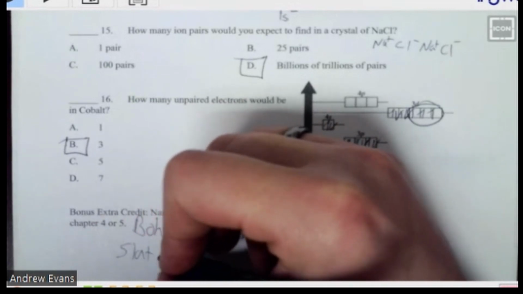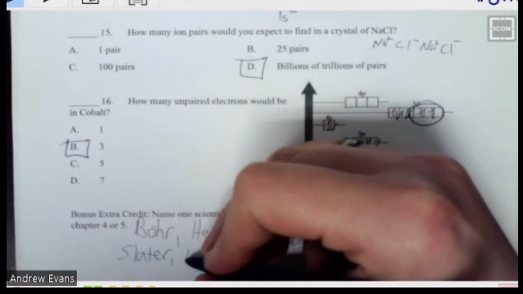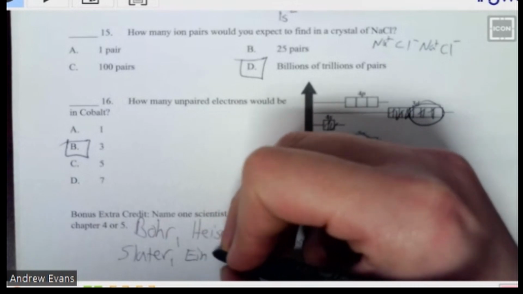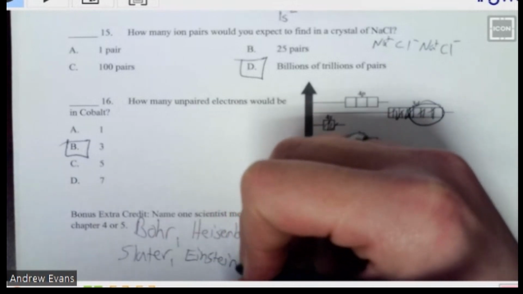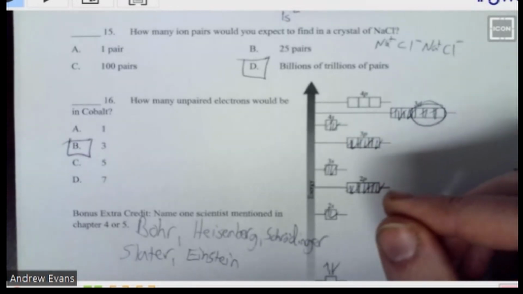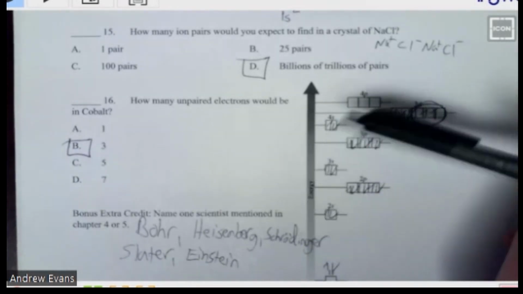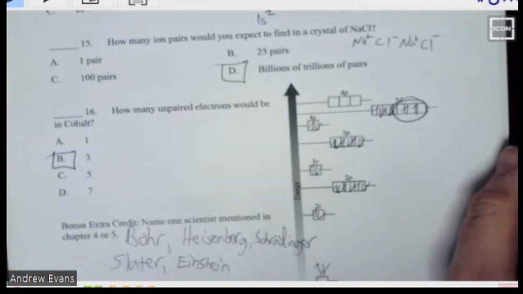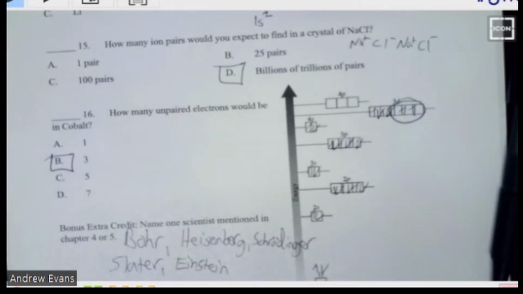We had Einstein. Surprised I didn't have more Einsteins. We had quite a few. There might be a couple I'm forgetting, but those are just a few that come to mind. That was the test.